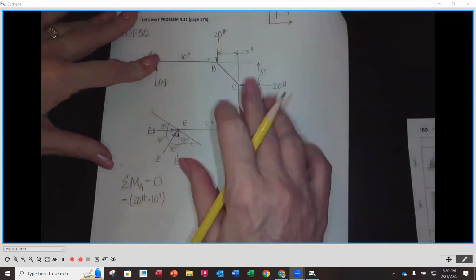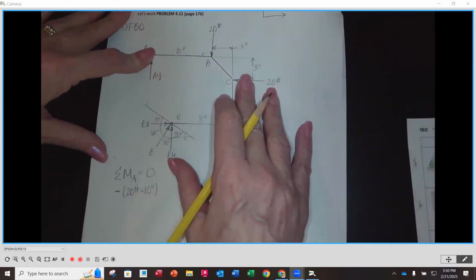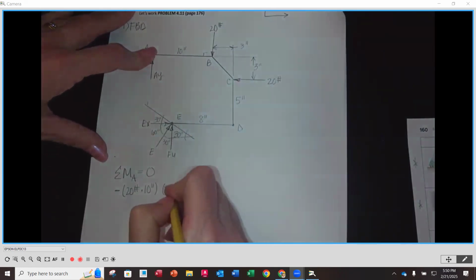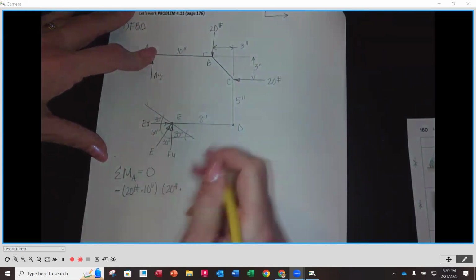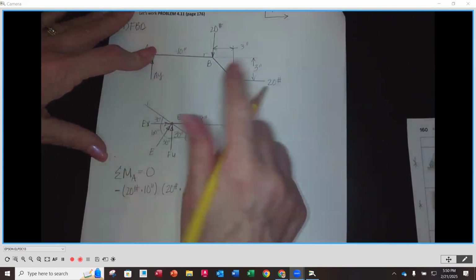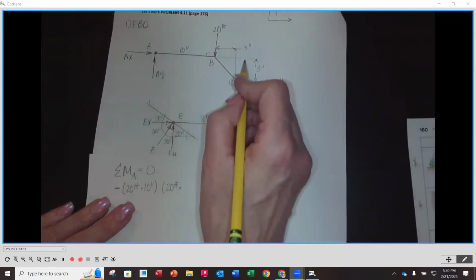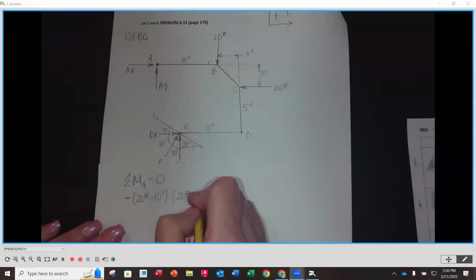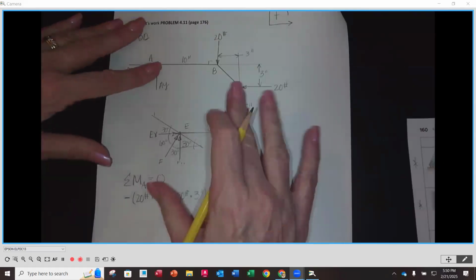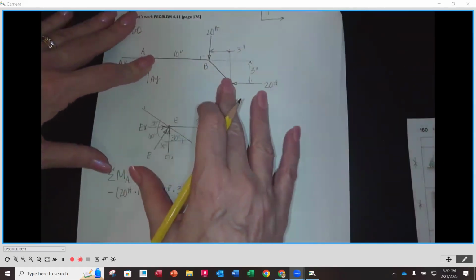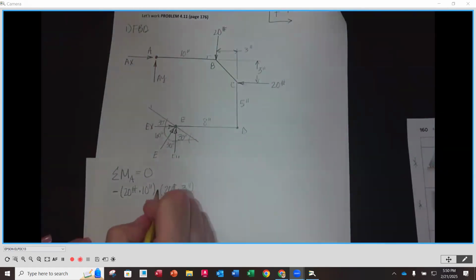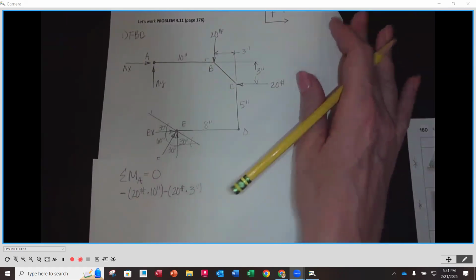Go to my next force. I've got 20 pounds here causing a rotation. So 20 pounds times perpendicular distance. That's going to be 3 inches, okay? And this time it is also rotating clockwise. So that's going to be a negative out front there as well. Okay.